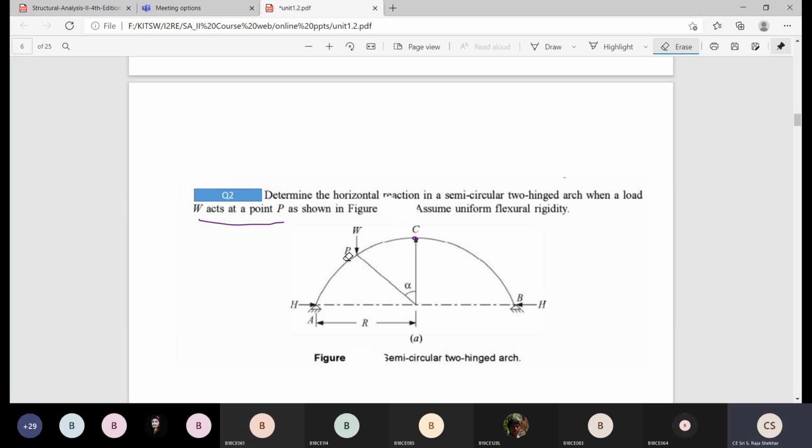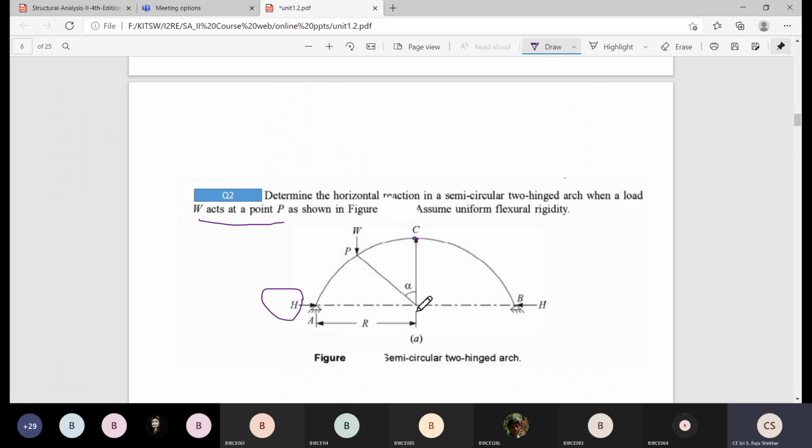Understood? The first problem gave this: W load is acting at a point P which is located at an angle of alpha from its crown. Then the horizontal thrust developed is capital H. Analyzing this type of problem is very difficult.